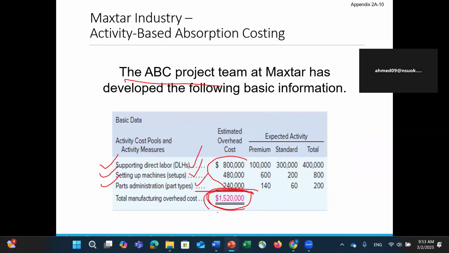It has to add up to the total manufacturing overhead cost. And then under the standard, you have 100,000, under the premium 600 and 140 is given to you, 300. These are the units produced. So these are the totals of the standard and the premium. So we will need these totals to calculate per unit.